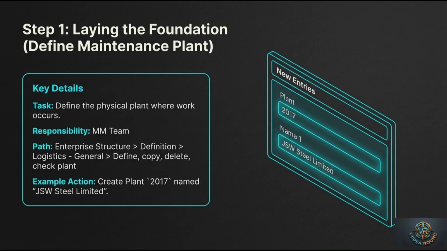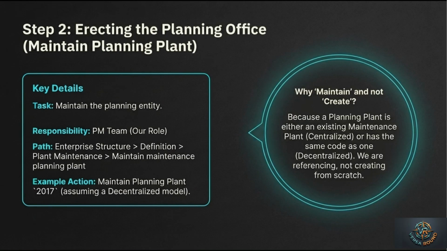Step 1 is done by the MM team, defining the maintenance plant. They use the IMG path to create the physical plant, for example, Plant 2017, named JSW Steel Limited. This is the foundation. Step 2. Erecting the planning office. Now, our turn as the PM team.